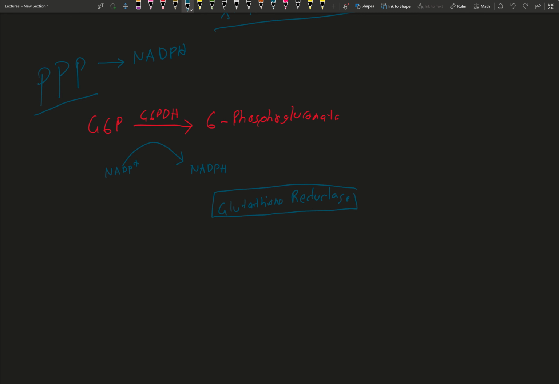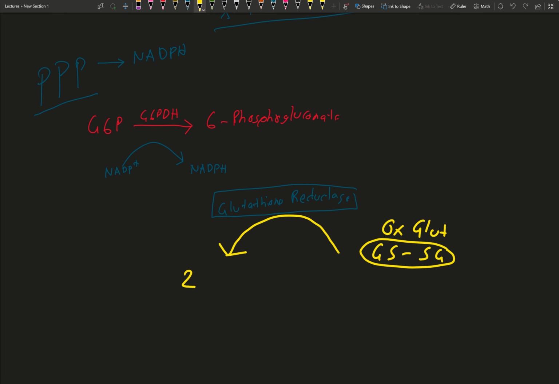This enzyme is able to convert oxidized glutathione, which is commonly written as GSSG, with the help of NADPH, into 2 GSH, which you can infer from this is the reduced glutathione.